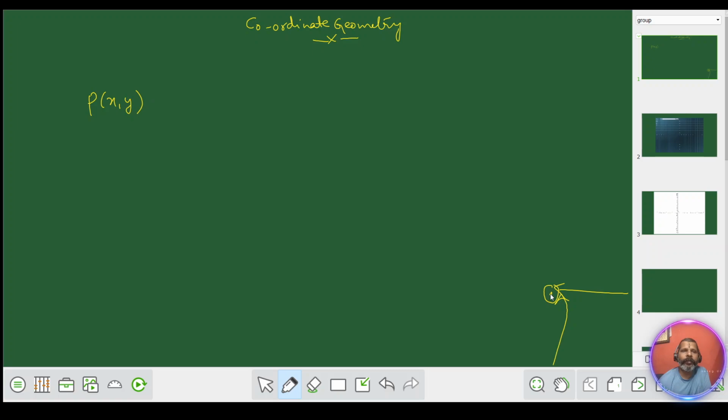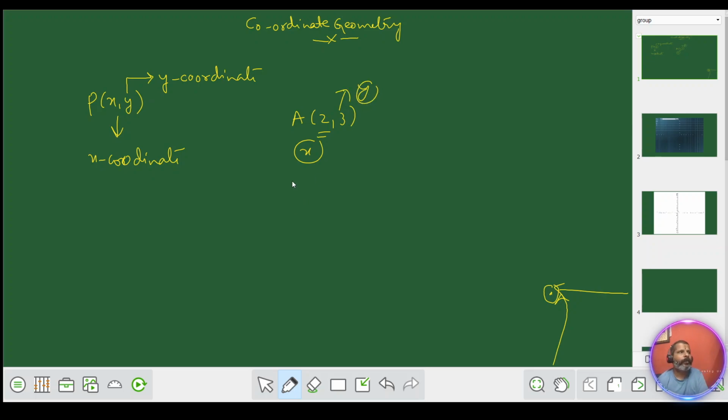Means for every point there will be two coordinates. What are the coordinates? The first coordinate is x coordinate for any point. The next coordinate is y coordinate. So for example, if we say A of 2 comma 3, it means 2 is the x coordinate value, 3 is the y coordinate value.